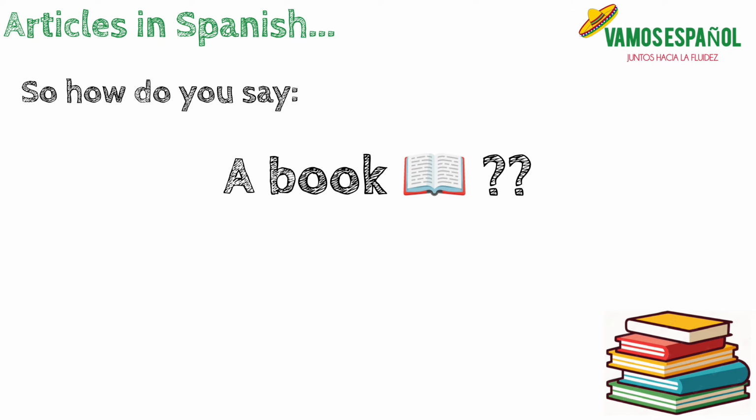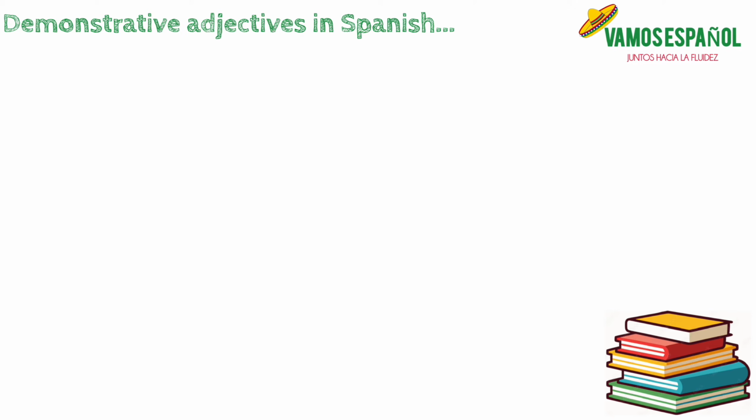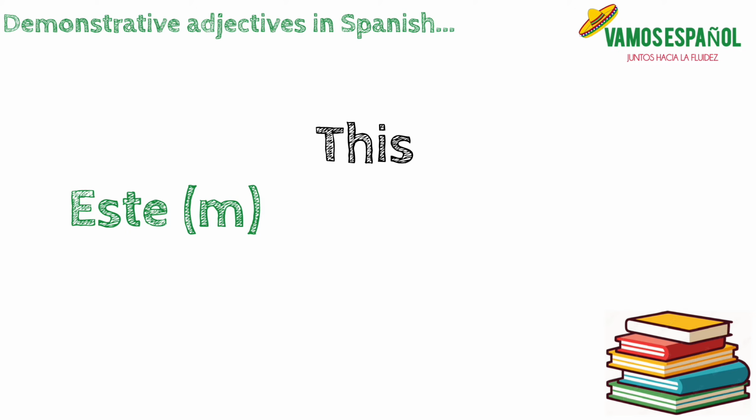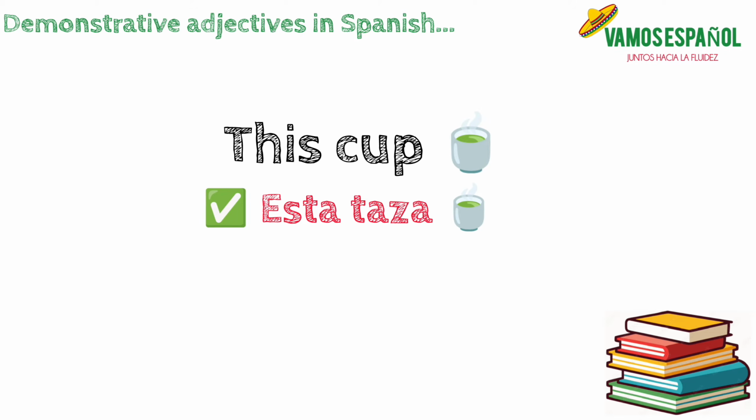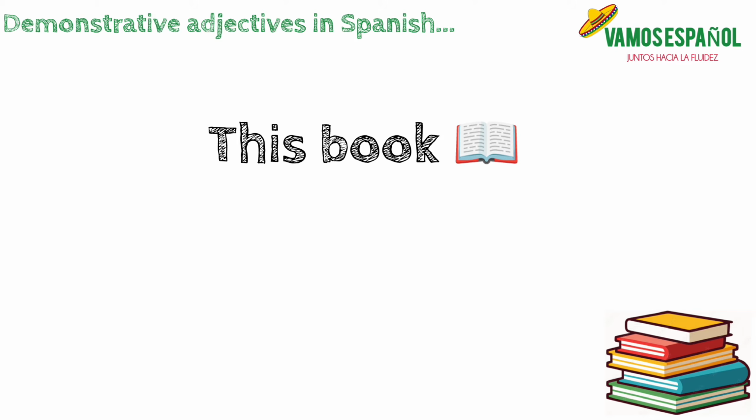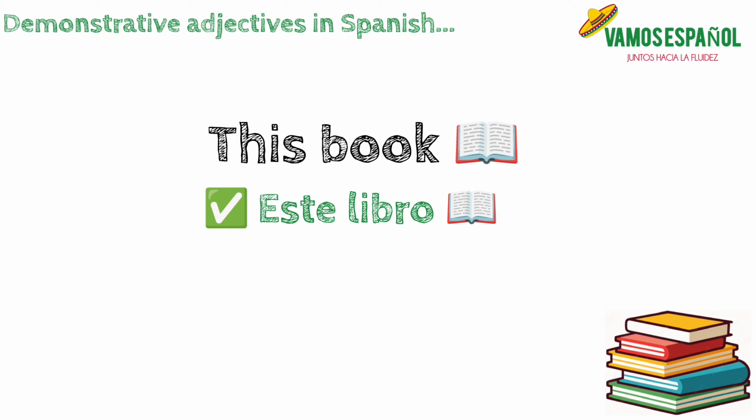And a book, how would you say that in Spanish? Un libro. Muy bien. In Spanish, the word for this also respects the gender equality movements. So we have este for masculine words and esta for feminine words. So this cup would be esta taza and this book would be este libro.